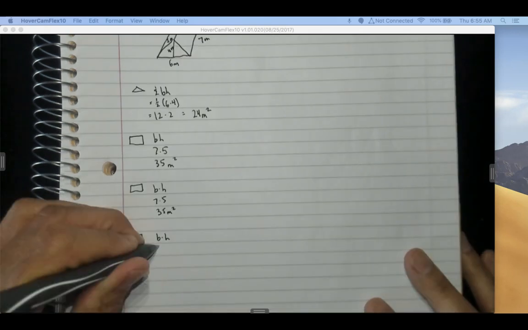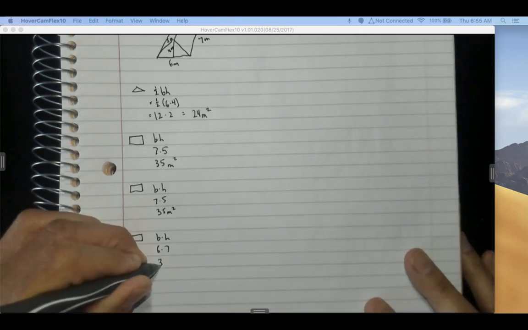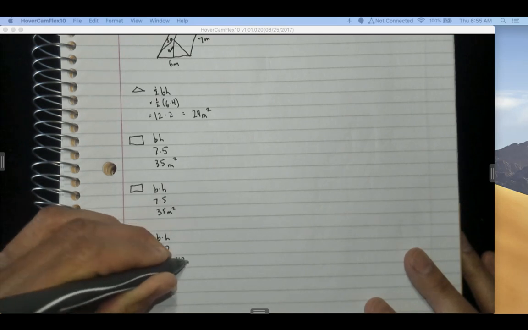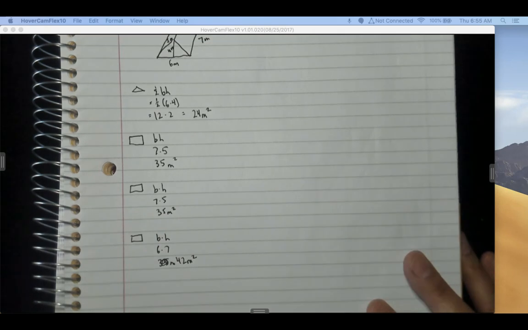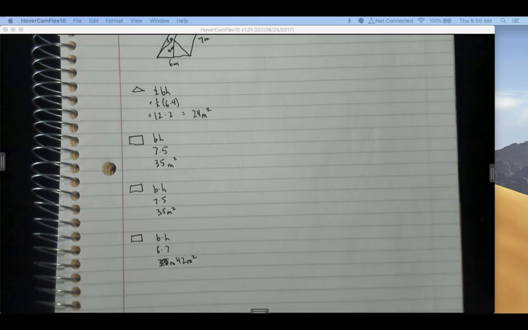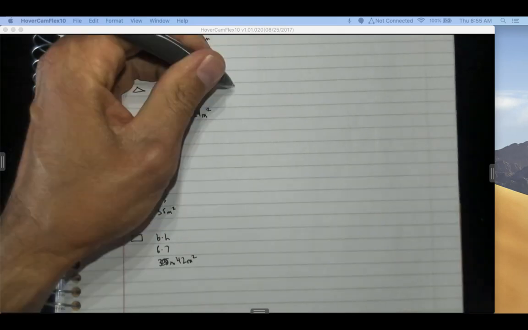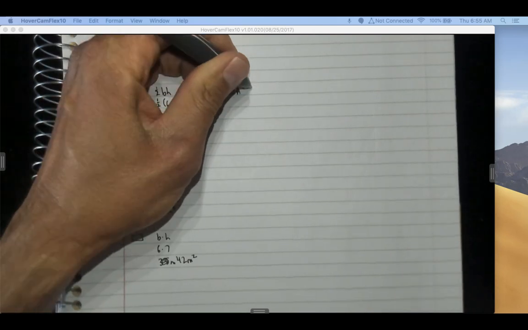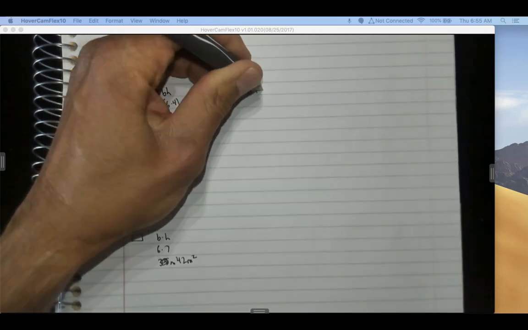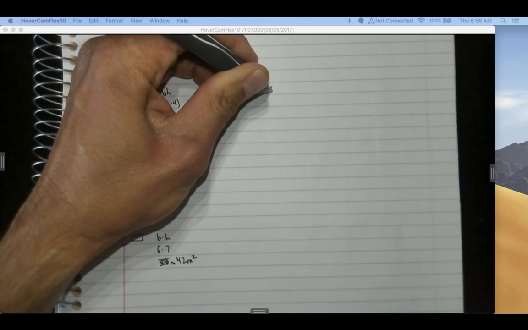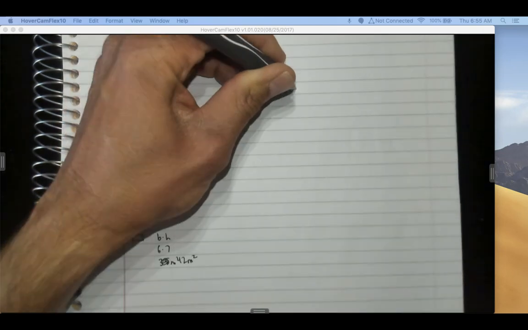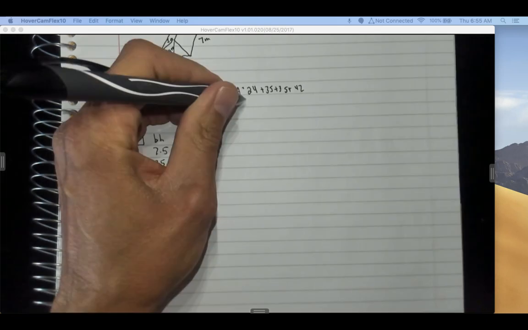I'm sorry, 42 meters squared. Then I need to add them all together for my surface area. So my surface area is going to be 24 plus 35 plus 35 plus 42. When I add those all together, I get a surface area of 136 meters squared.